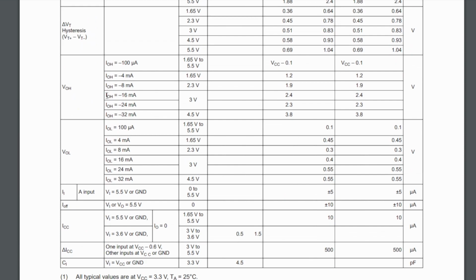Here you can see that the output high state voltage at 3 volts is going to have 2 different values. It has one value for a 16 milliamp output, and it has a different value for a 24 milliamp output. Now what's neat about these numbers is these are going to directly tell you the resistance of the output of the device.